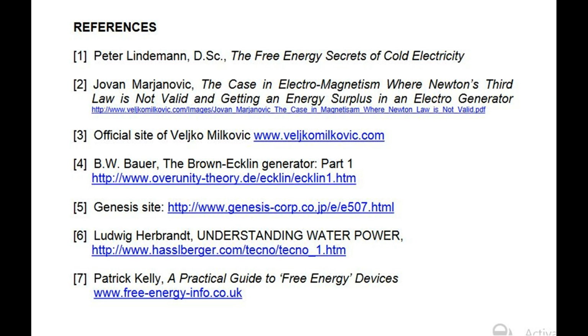References: 1. Peter Lindemann, Doctor of Science, The Free Energy Secrets of Cold Electricity. 2. Jovan Marjanovic, The Case in Electromagnetism Where Newton's Third Law is Not Valid and Getting an Energy Surplus in an Electro Generator. http://www.veljkomilkovic.com/images/jovan_marjanovic_the_case_in_magnetism_where_valid.pdf. 3.